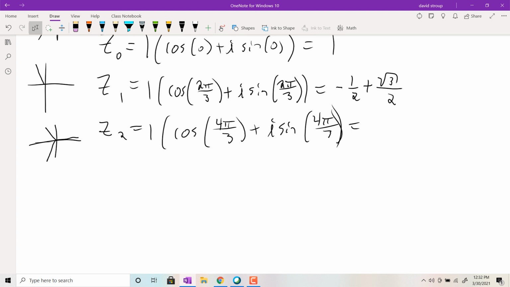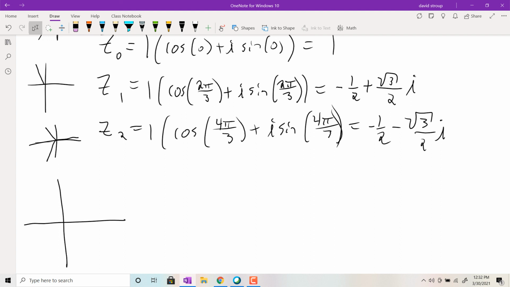Okay, so we're going to get two negatives, right? So negative 1/2, and then minus root 3 over 2, and this should be i in both cases.